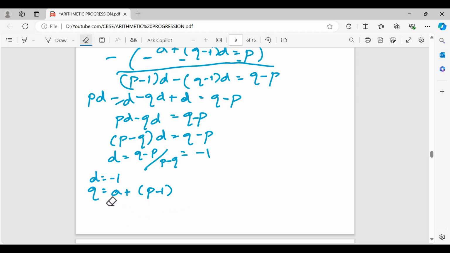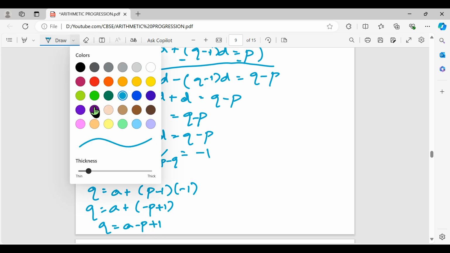So you have Q equals A plus minus P plus 1. We are looking for the value of A. So now you see Q equals A minus P plus 1.